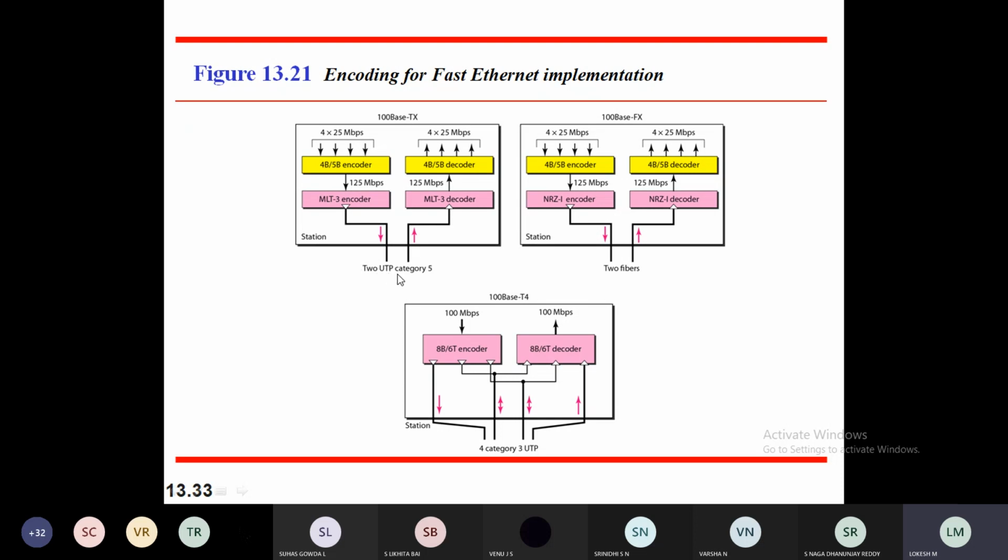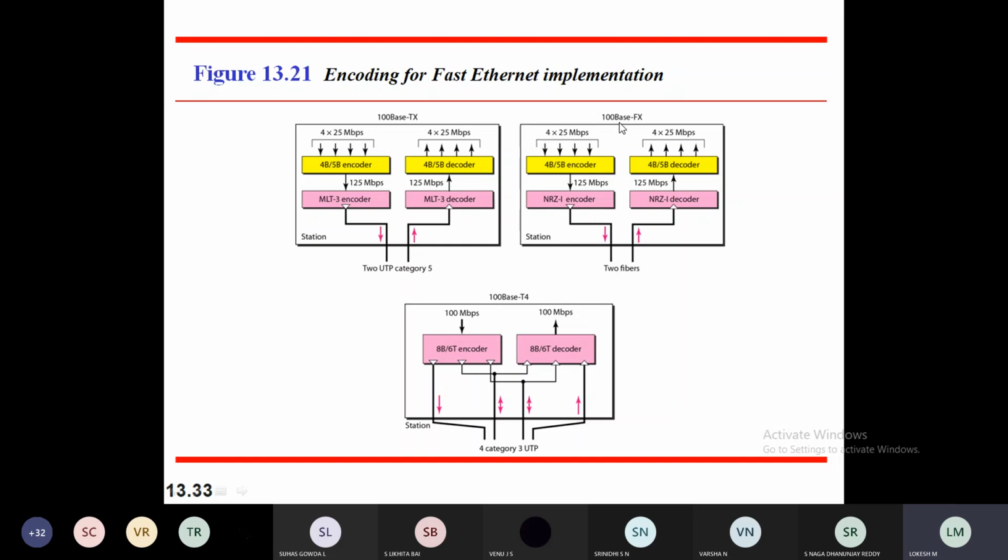Here we have two unshielded twisted pair Category 5 cables, with a 5B decoder and a 5B encoder. Again it will be demultiplexed from one line into four wires. This is how encoding and decoding is done through 100BASE-TX.